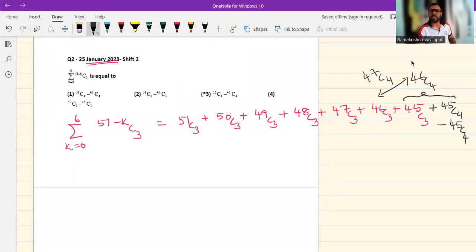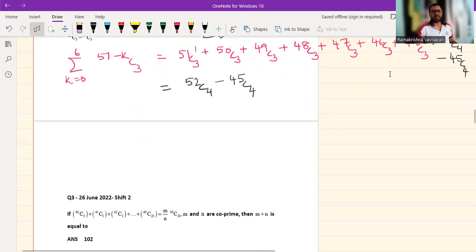Like that, one keeps increasing. And the sum of these two is 48C4. In this way, you will get 52C4 minus 45C4. See, this is a very simple question asked in January session. 52C4 minus 45C4. Very simple.